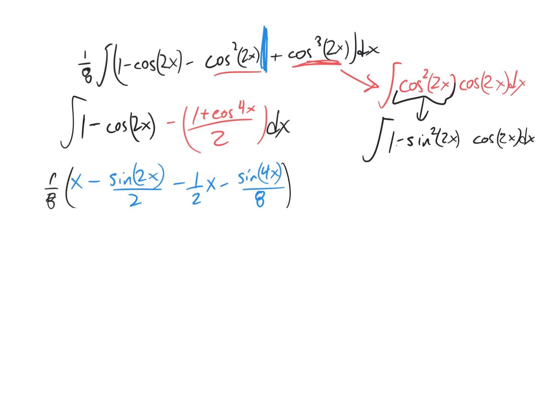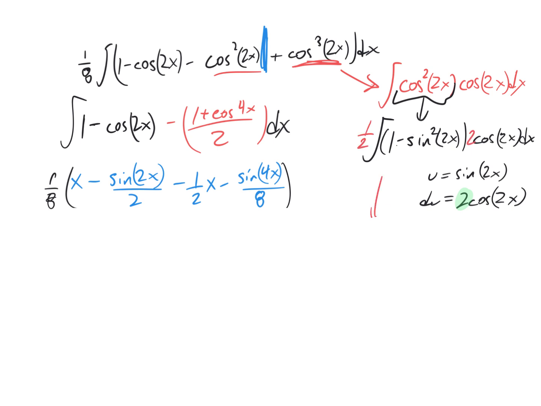We will use the sine as our u and the cosine as our du, right? So here we go. u is sine 2x and du is 2 cosine 2x. Notice we are missing this 2, which is kind of important. So we're going to put a 2 here and a 1/2 in the front.